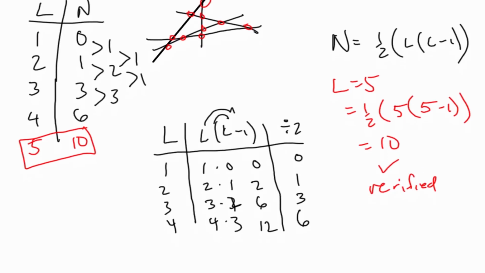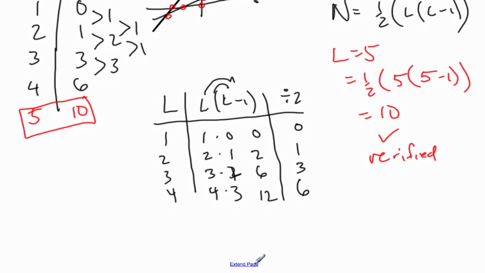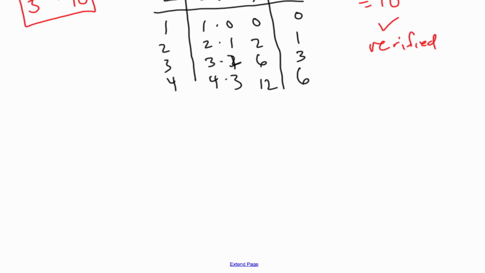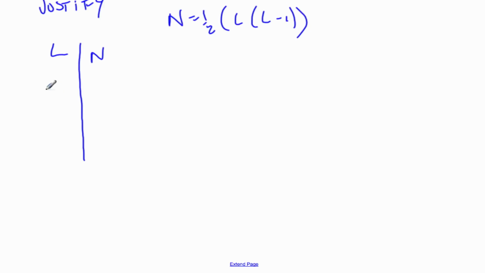And now justifying. Okay, for the justify, I know I have this, and my formula is N is equal to 1/2 L times L minus 1.